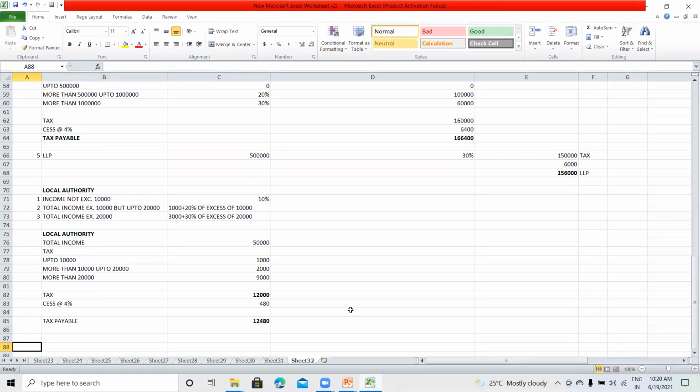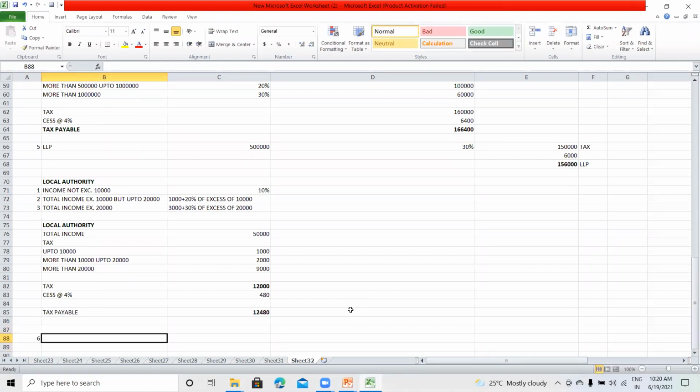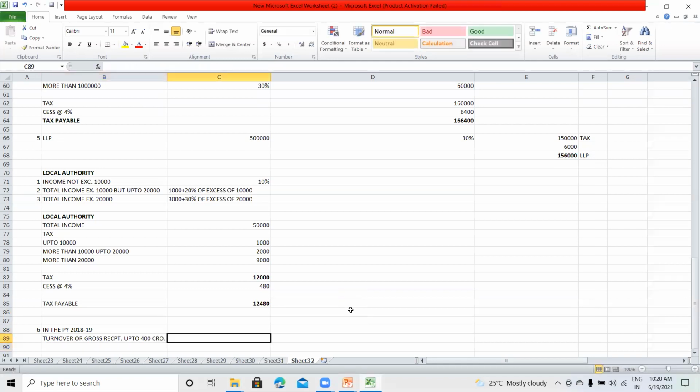If in the previous year 2018-19 the turnover or gross receipt is up to 400 crores, then the income will be taxable at the rate of 25% in the case of company.